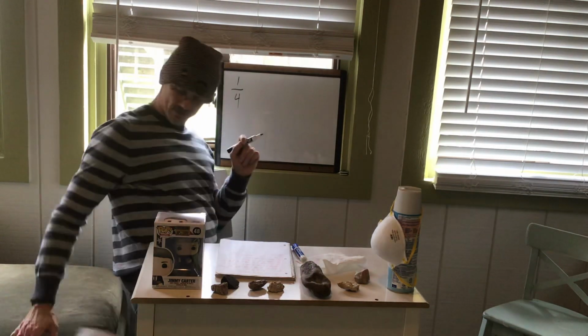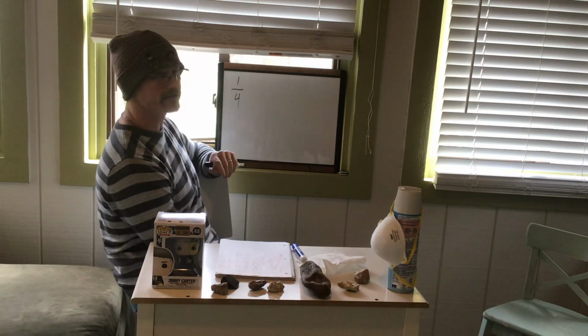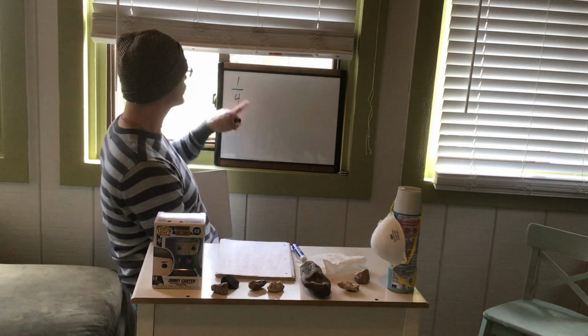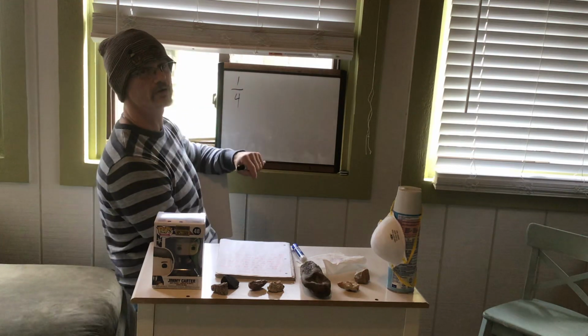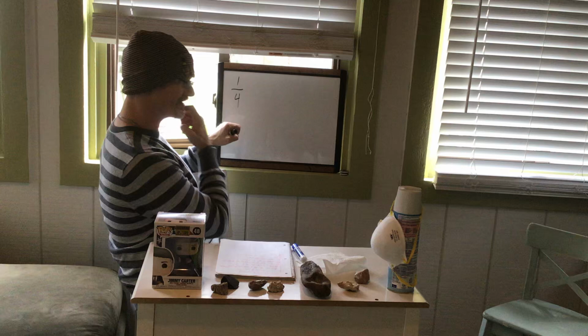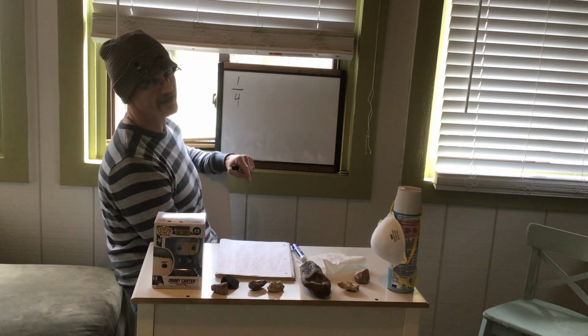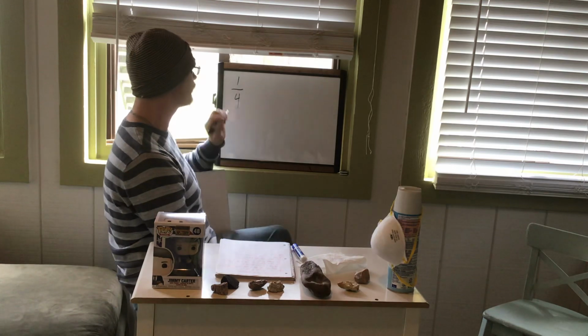So, as we said before, the fraction is divided into really 3 parts. You have the 1, which is the numerator. You have the line, which divides the numerator and the denominator, and in this case, the denominator is 4.